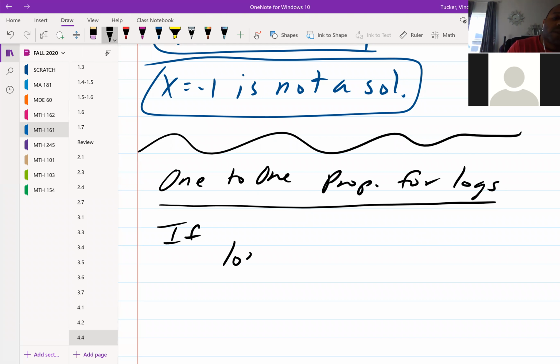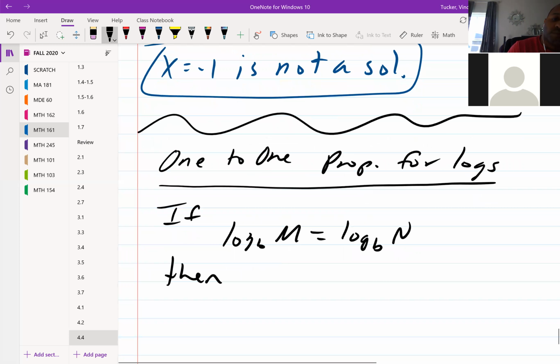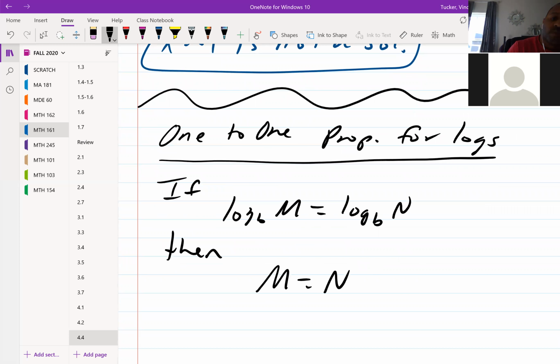So if you have log base b of m equal to log base b of n, then you can drop your logs and you're just left with m equal to n.